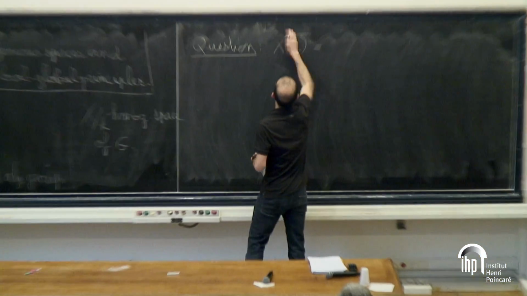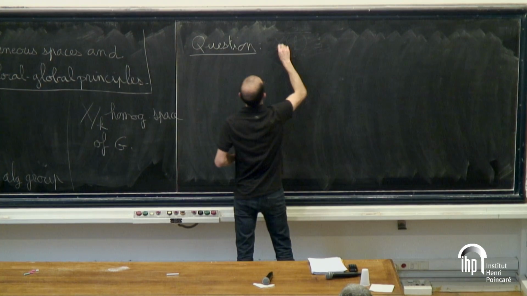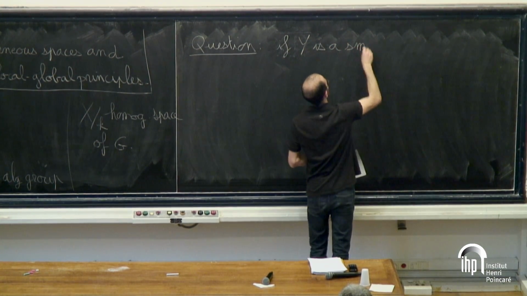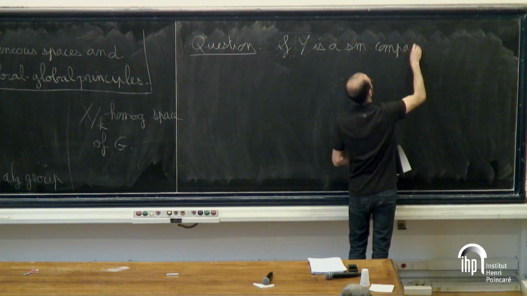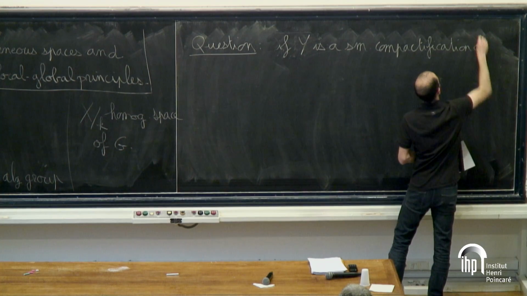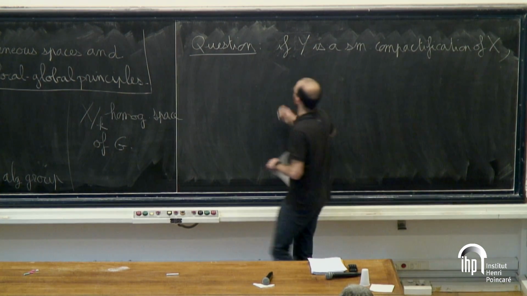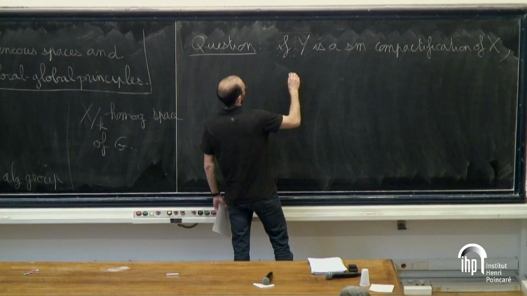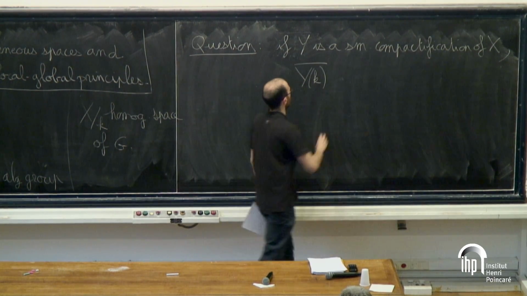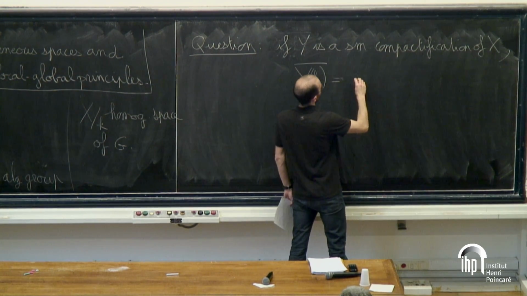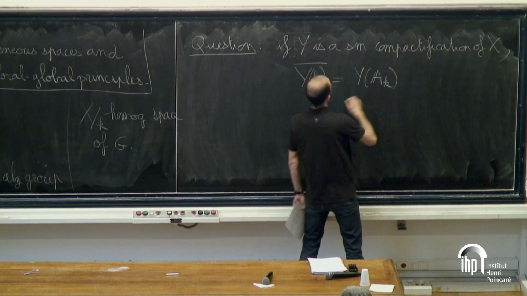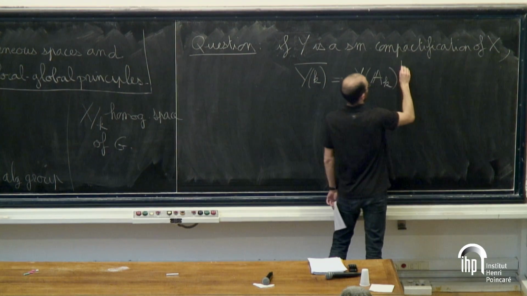So maybe I will just state it as follows. If Y is a smooth compactification of X, do we have that the closure of rational points on Y in the adelic points of Y is equal to the Brauer-Manin set?